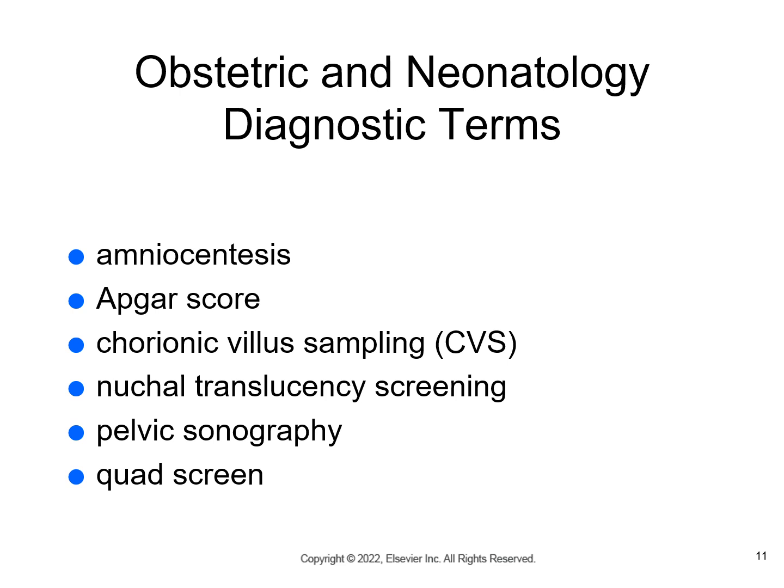It's usually done between 11 and 13 weeks, and a positive test can indicate some fetal abnormalities. Pelvic sonography is an ultrasound through the abdominal wall, and then quad screen is a blood test during the second trimester, which tests for 4 different hormones that often will increase with some of the more major birth defects.